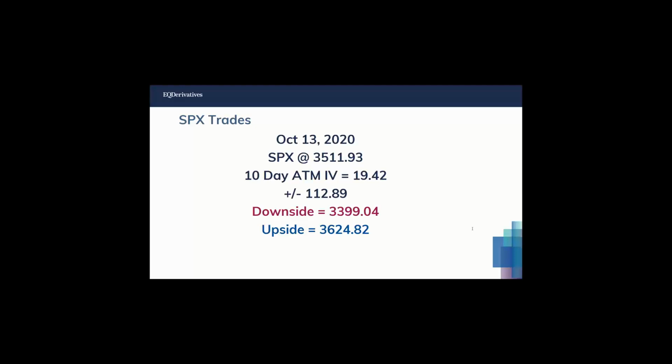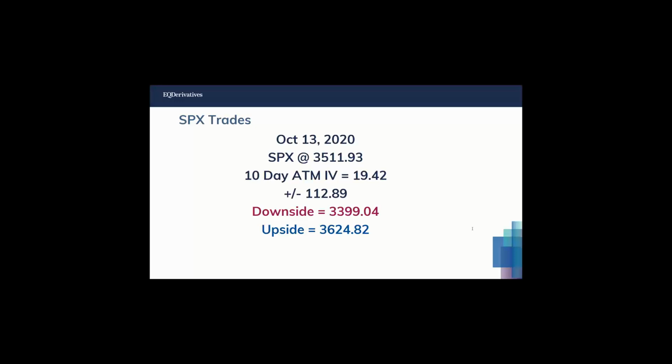112.89 points. So you can take implied volatility and convert it to a projected move, percentage-wise and point-wise. The way you go about doing this is you multiply the implied volatility times the square root of the number of days you're projecting, divided by the square root of the number of days in the year.